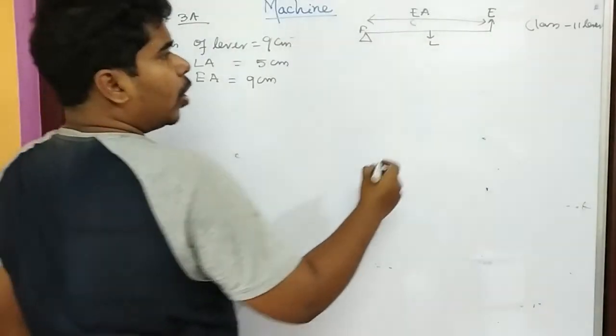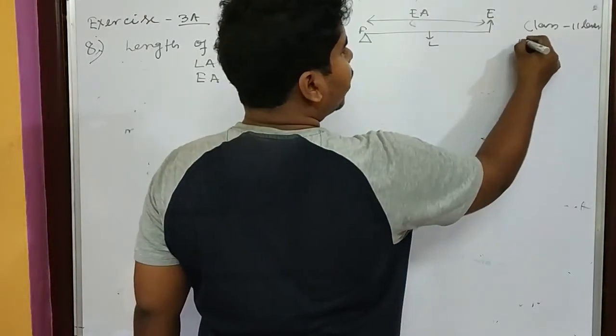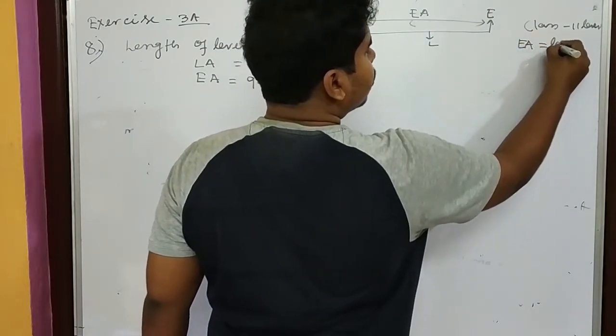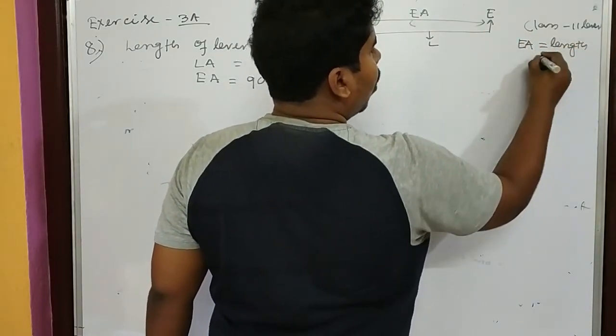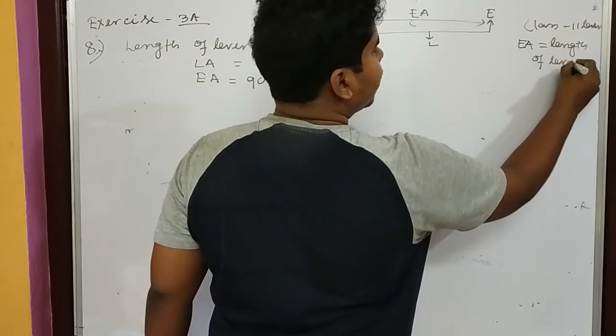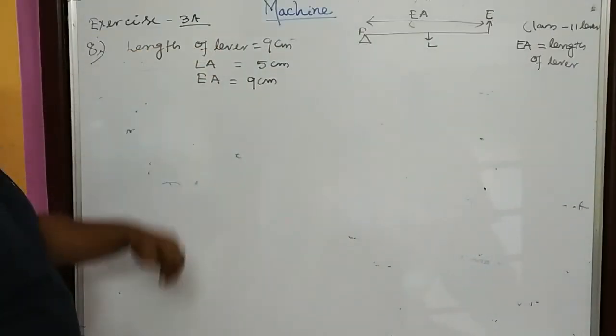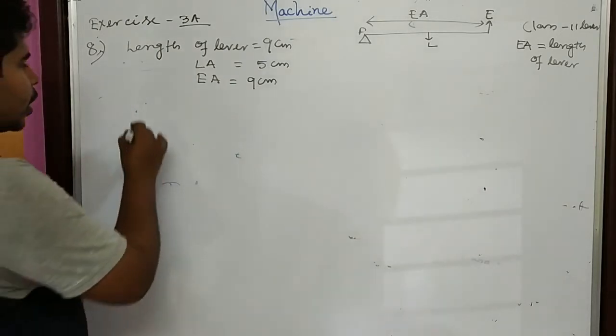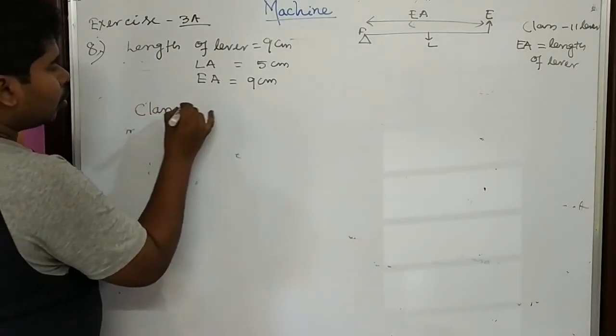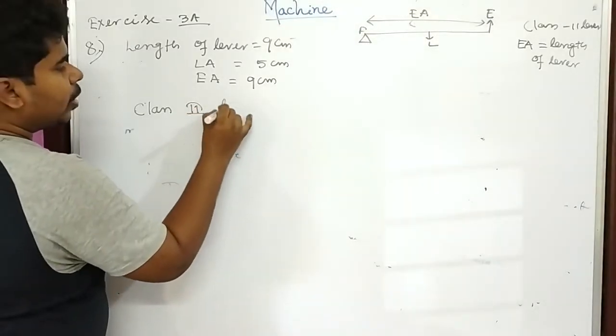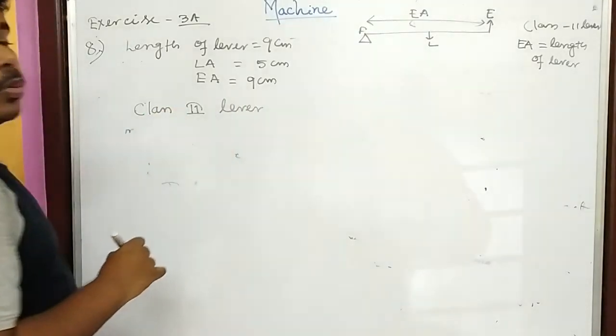So for a class 2 lever, effort arm should be equal to length of lever. Here effort arm and length of lever are the same, so what kind of lever is it? We don't know if the question is asked or not, but it is clear that it is a class 2 lever.